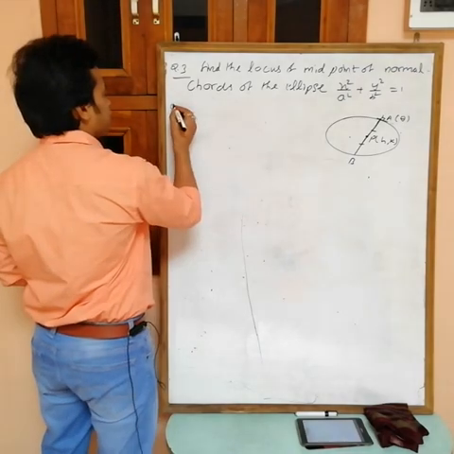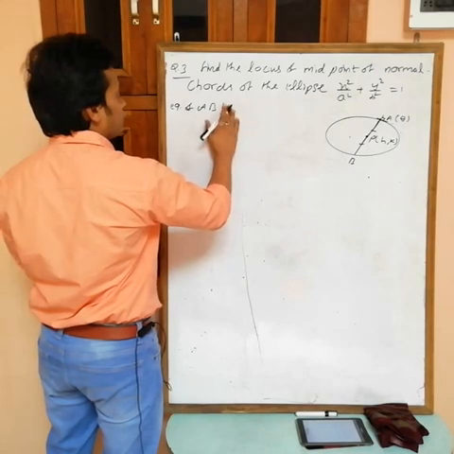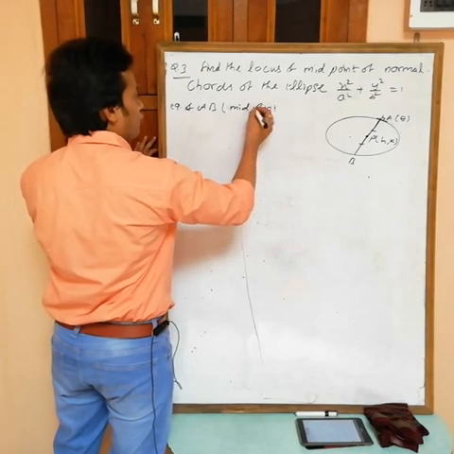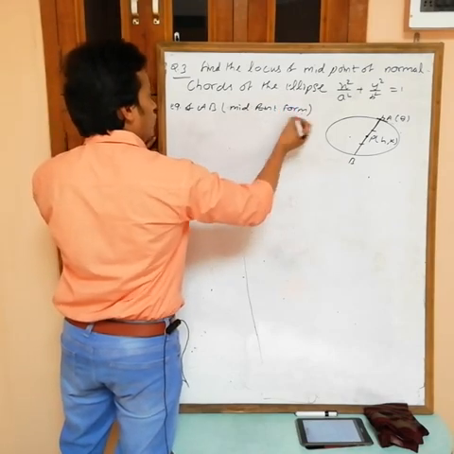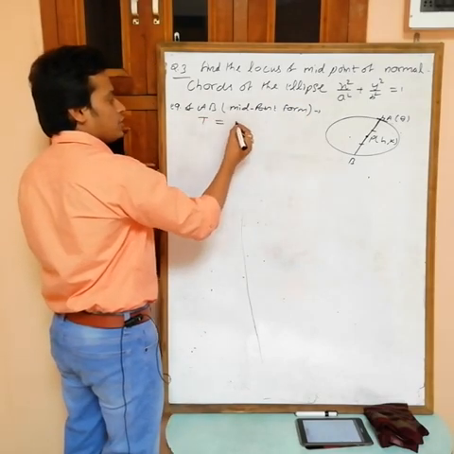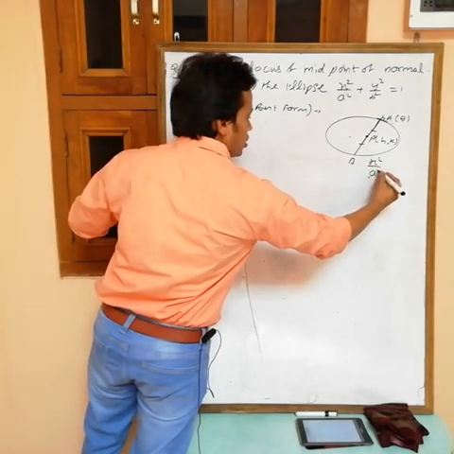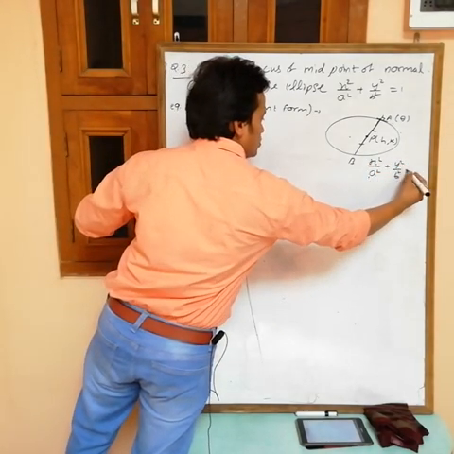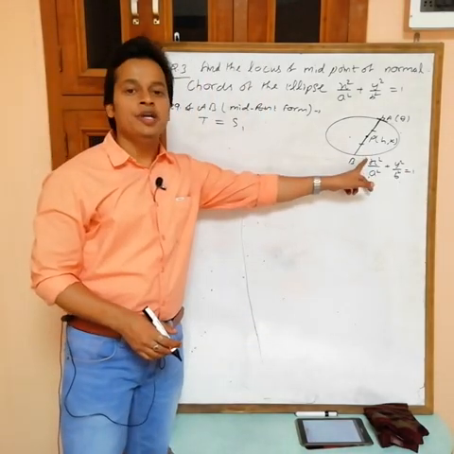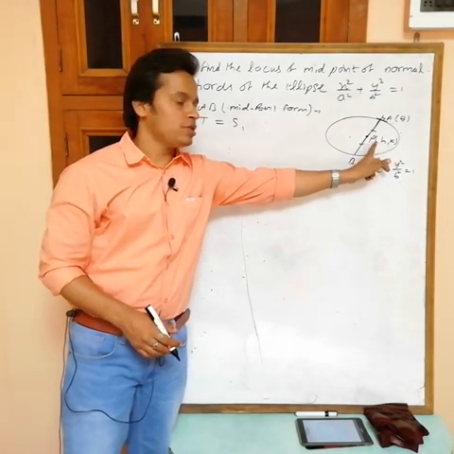So see, equation of AB by using the midpoint form. Midpoint is given, so equation of AB is T equal to S1. Here the ellipse is x square by a square plus y square by b square equal to 1. Now how to get T? Simple. Replace x square with x1. This is x1 comma y1, the midpoint now.